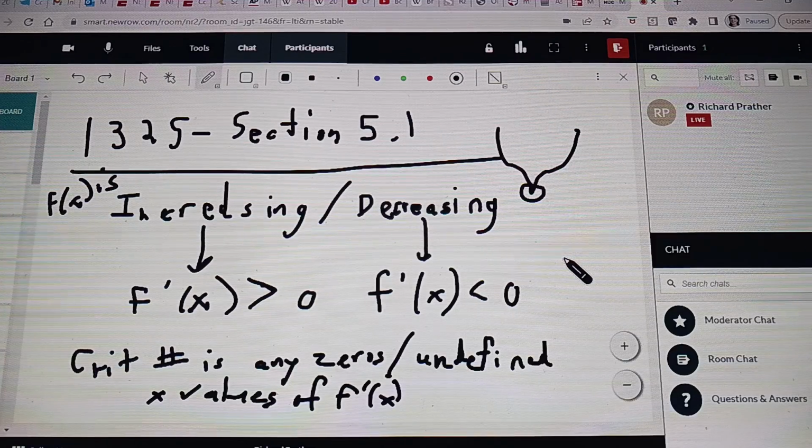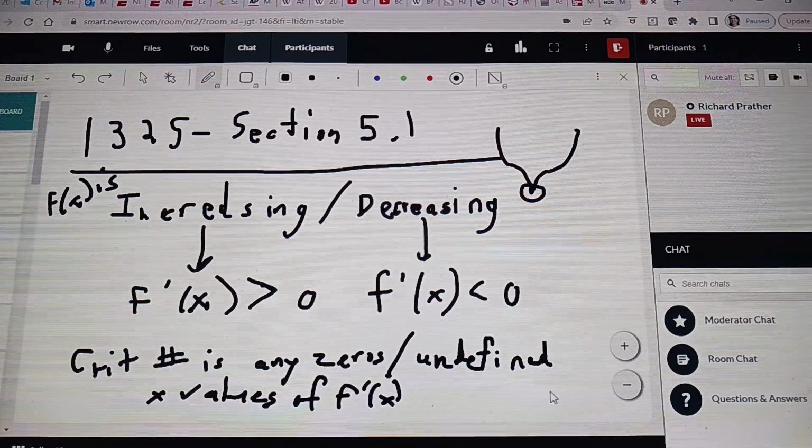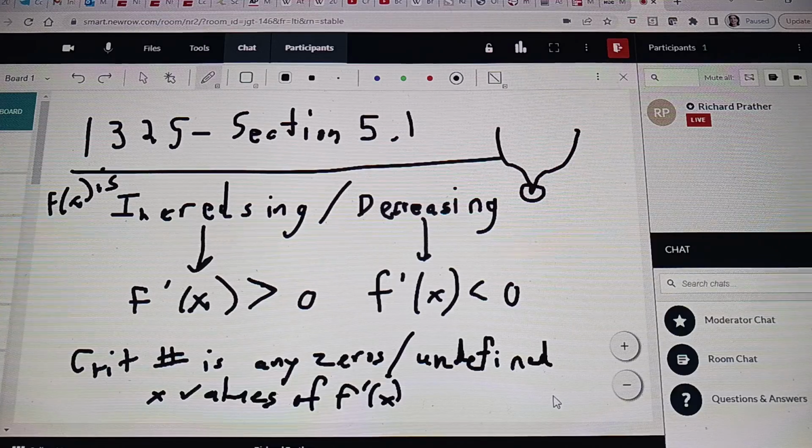But we went through a list of things we were looking for, like vertical tangent points, places where there's a disconnect of the graph, it's discontinuous. Another one was any spots where the original graph is undefined. If a graph's undefined at any spot, then you can't do a derivative there. And if you can't do a derivative, it'll be undefined, but it may be undefined on its own, or it may be undefined because the original function's undefined. So that's the one little technicality, is if the derivative function is undefined anywhere, we have to go back and check real quick, is it also undefined in the original function? If so, then it's not a critical number.